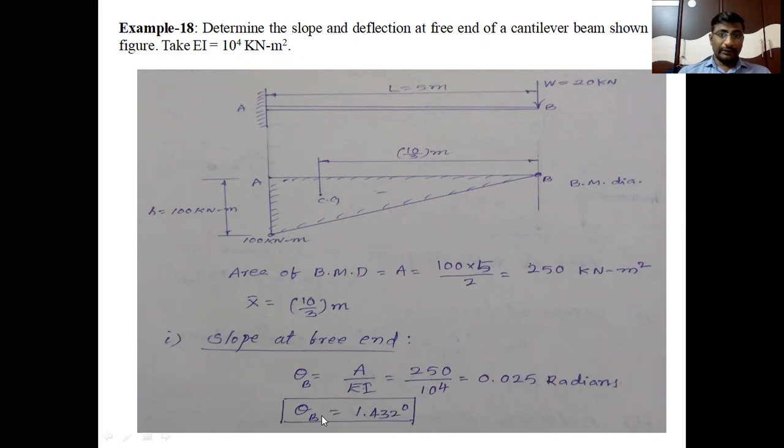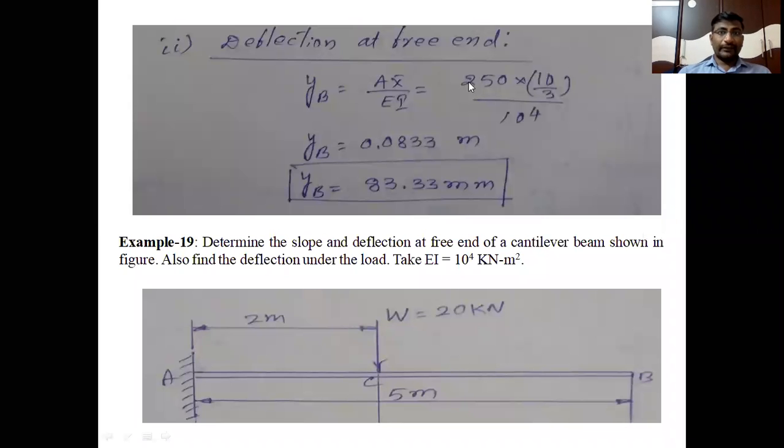Then how to get the deflection at free end? Deflection formula is A x bar by EI. That is the change in deflection between 2 points. Yb is equal to A x bar by EI.